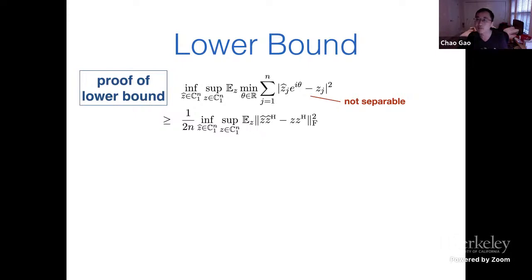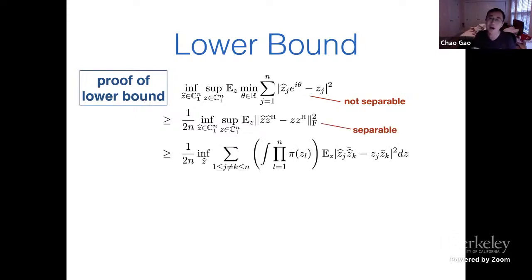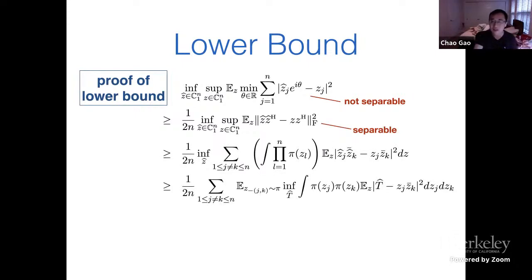Which turns the problem of estimating each angle to the problem of estimating all the pairwise differences of different angles, right? And the Frobenius loss is clearly separable, and then you can use the standard argument, which lower bounds the minimax risk by the Bayes risk. And because of the separability of the Frobenius loss, you can then distribute the IID prior to each pair JK, okay?